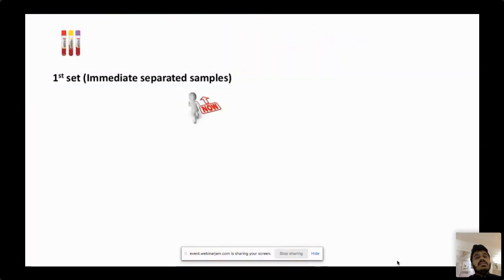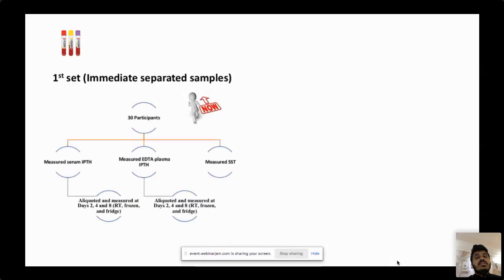We have divided our samples into two sets. First set, 30 participants have participated in our study, and we have collected 3 types of tubes from each, namely plain serum, EDTA, and serum separator tube.